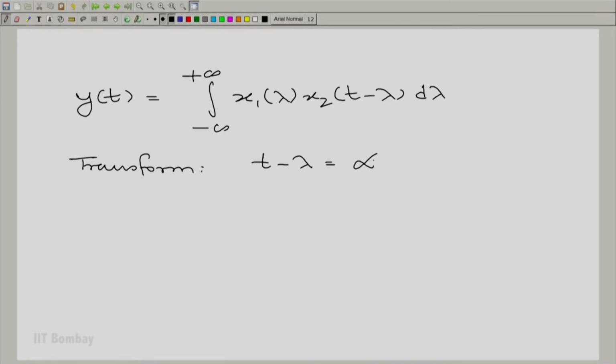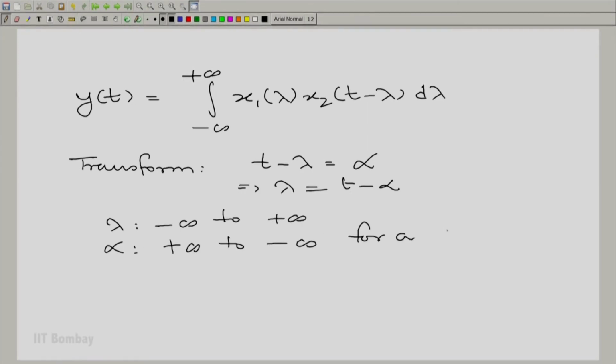Put t minus lambda equal to alpha, whereupon lambda is t minus alpha, and when lambda runs from minus infinity to plus infinity, alpha runs, now note, from plus infinity to minus infinity for a fixed t, and d lambda is minus d alpha.